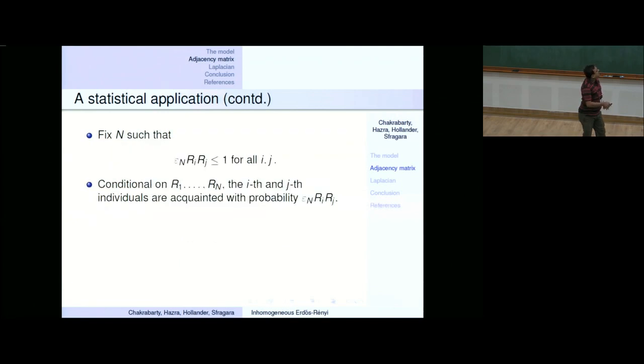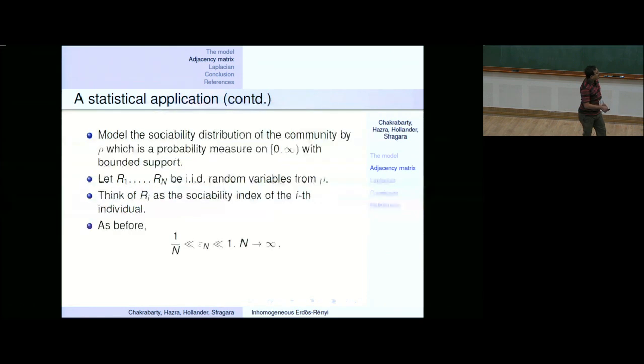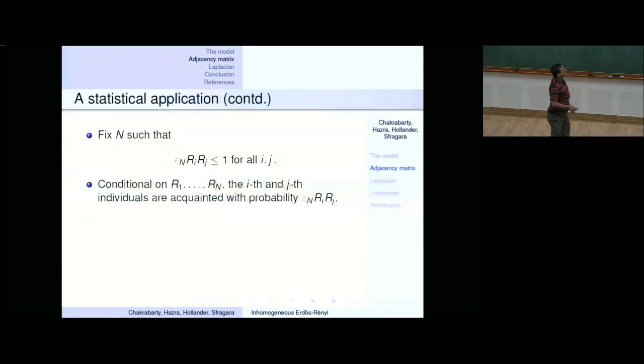So they are acquainted with probability epsilon n Ri Rj, where epsilon n is as before a sequence which goes to 0 but no faster than 1 over n. 1 over n is much smaller than epsilon n, which is much smaller than 1. So once I've fixed epsilon n, there exists a constant such that epsilon n Ri Rj is less than or equal to 1 for all i, j, because I assume bounded support for the Ri's.